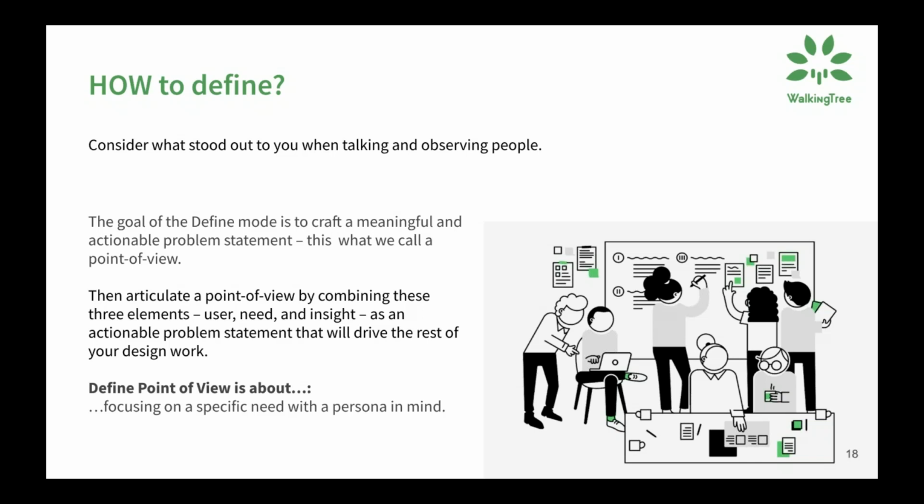So in the define stage, your goal should be to have a meaningful and actionable statement and articulate that as a problem of a user. Address the insights that you have, and then focus on the particular need of a person, what he is going through.